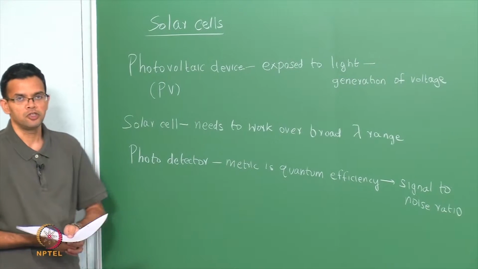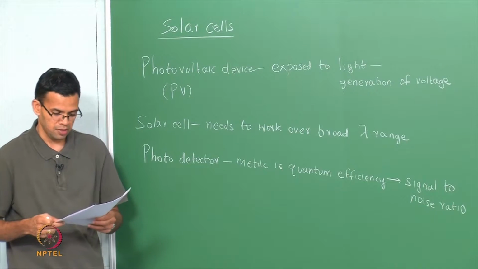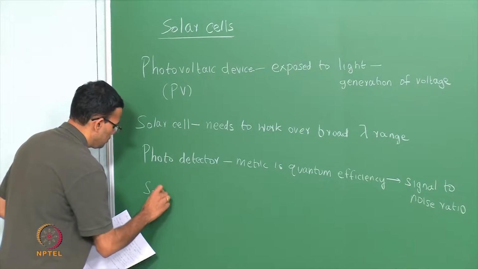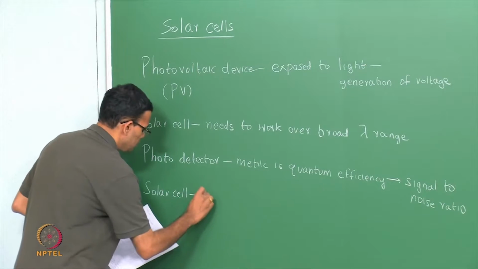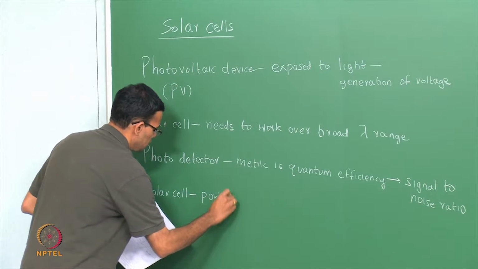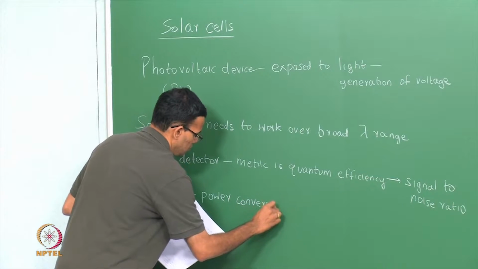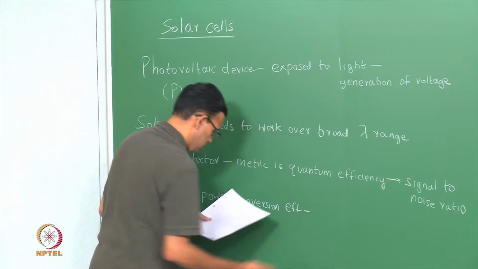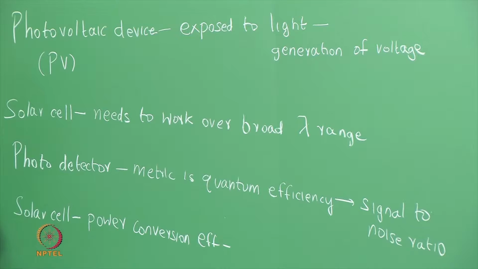In the case of a solar cell, the metric that is normally used is the power conversion efficiency. This is the ratio, or this is the power delivered per incident solar energy.